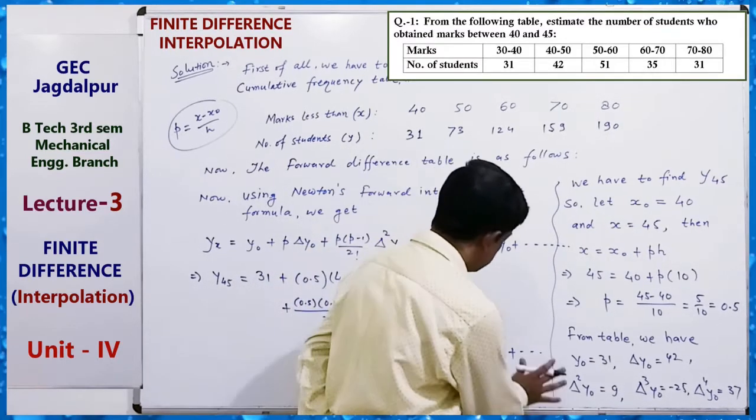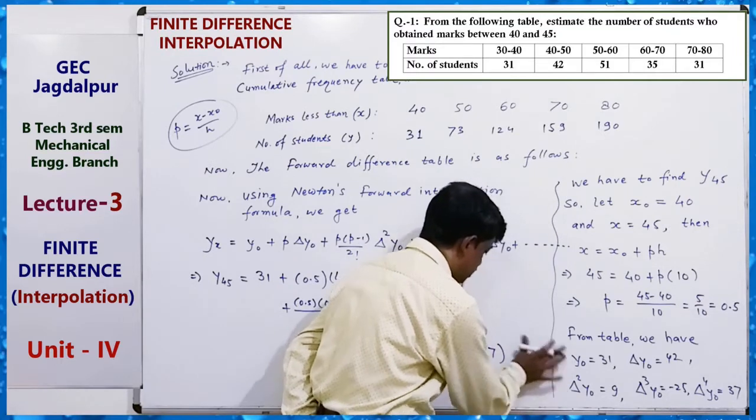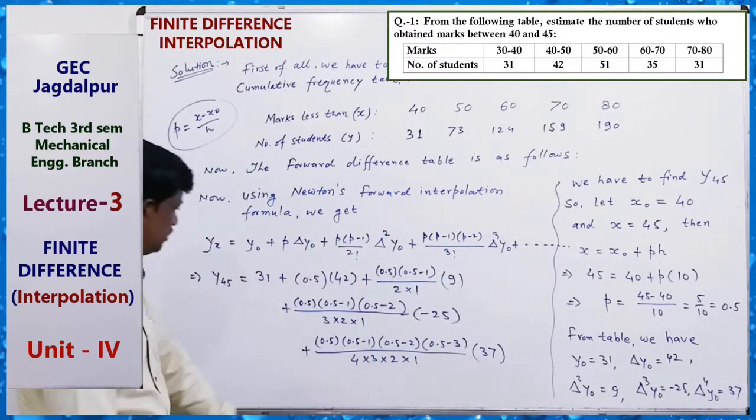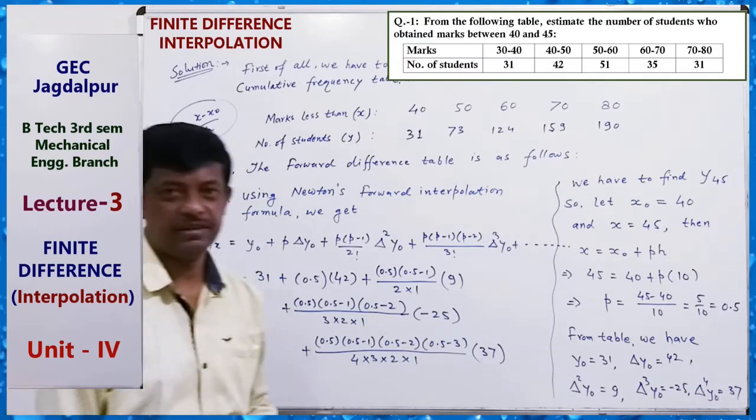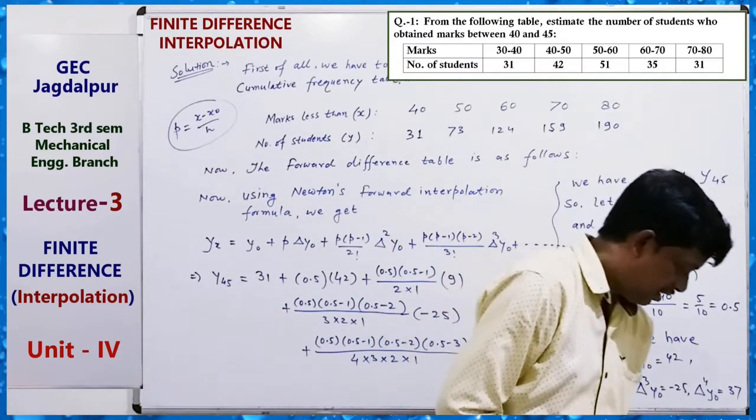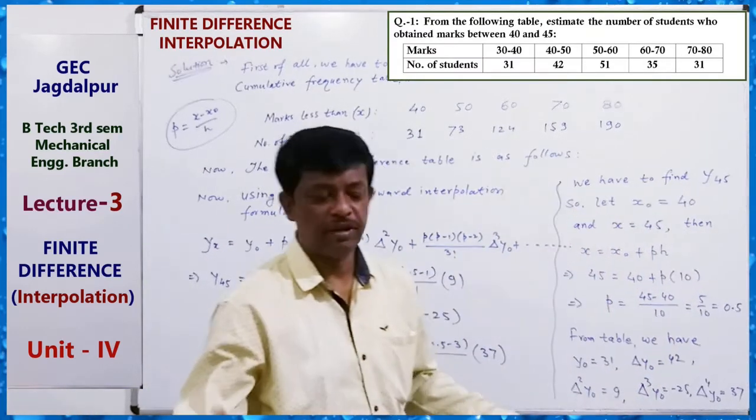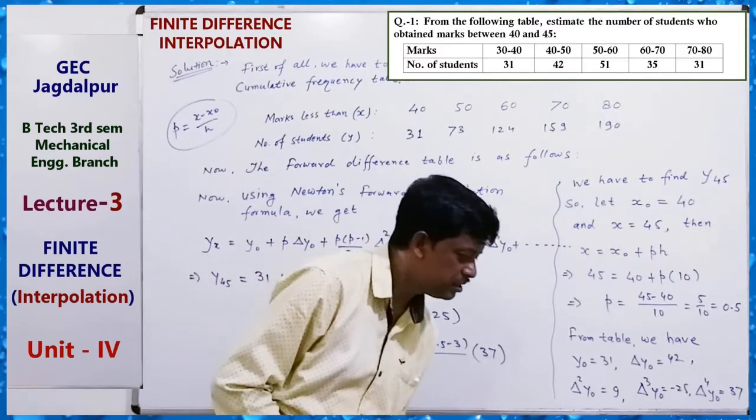Okay, up to this we have 4 differences, the other differences will be 0. So this you have to calculate. After calculating you can get the value. Clear?